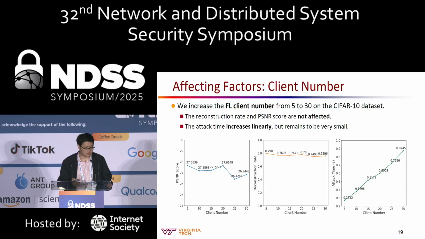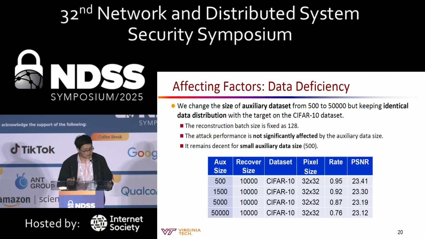We also evaluated our mechanism against different attack factors, such as the number of clients. We changed the number of clients, and we find that the attack performance is not affected. We also checked our performance against data deficiency settings. That means we reduce the number of samples available in the auxiliary data set, and again, our attack performance is not significantly affected.